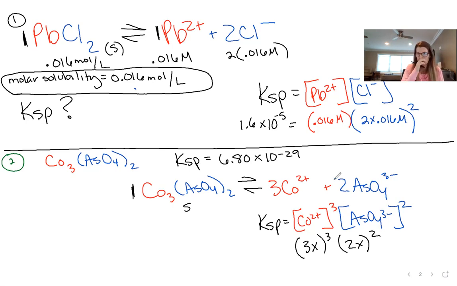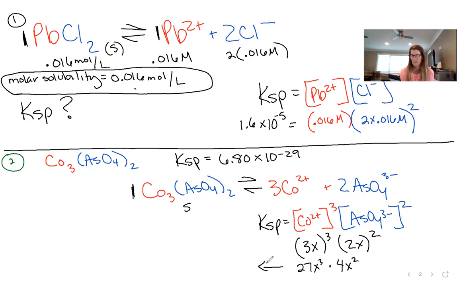So now I try to simplify this. 3x cubed is actually 27x cubed. And then 2x squared is actually 4x squared.